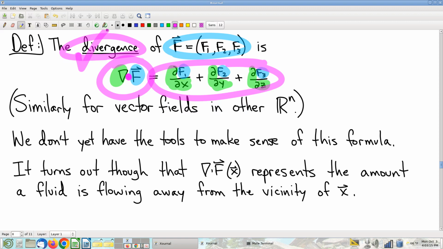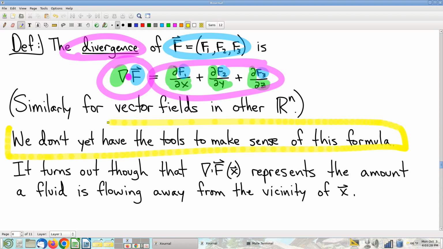Again, later on, chapter 6, 7, around in there. Okay. All right, so this is just a definition. I remind you again, we do not have the tools to really make proper sense out of this right now. We will develop those tools, and we will revisit divergence in chapters 6 and 7, and we will make much more sense out of this than we do right now.